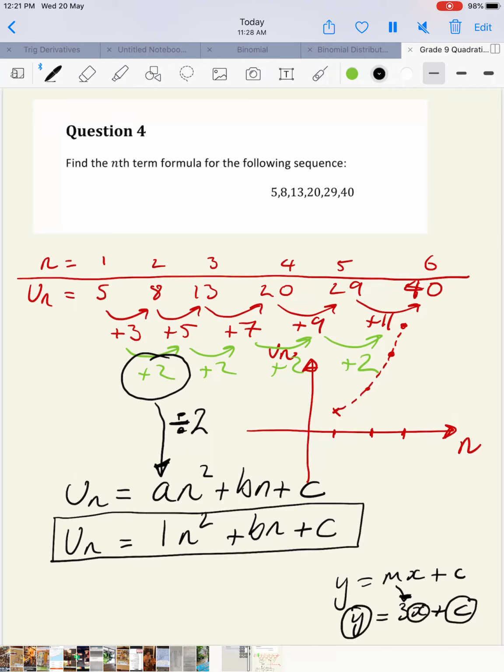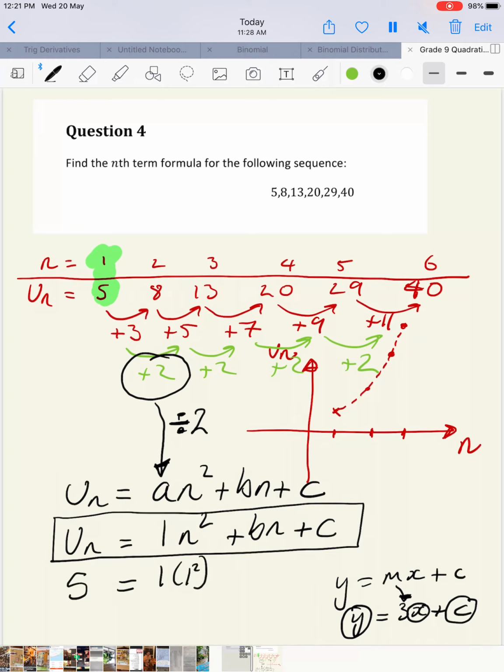The way to do it was to find an xy pair of numbers and substitute them in, and you'd find c. So we'll do a similar type of thing here, but it's not just one pair of xy numbers we need to sub in. So we're going to take n is 1 and u of n is 5 and substitute it into our quadratic model.